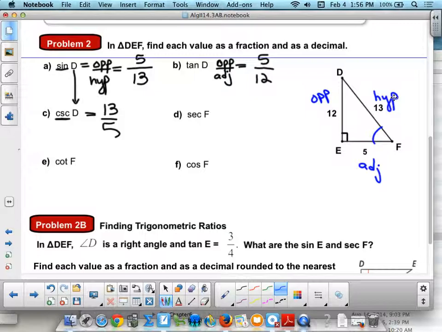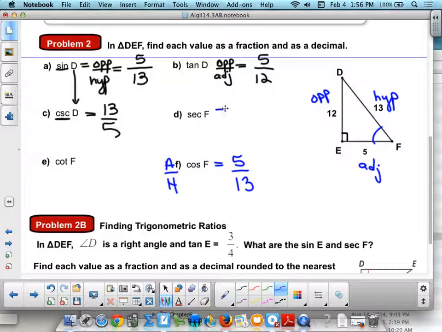Let's do the easiest of all. I think the easiest of all of them is cosine of F. Cosine's easy because it's the main one. Adjacent over what? Hypotenuse. 5 over 13. Jay says 5/13. What do you guys think? Correct? Smart. Now, if cosine of F is 5/13, which one is the reciprocal of cosine? Secant is the reciprocal of this.